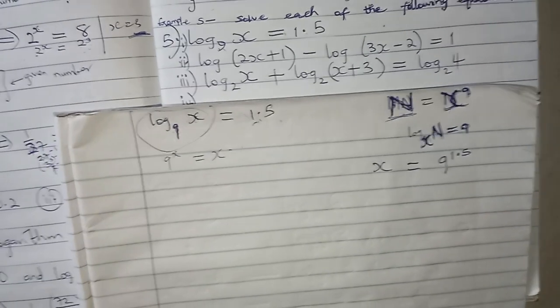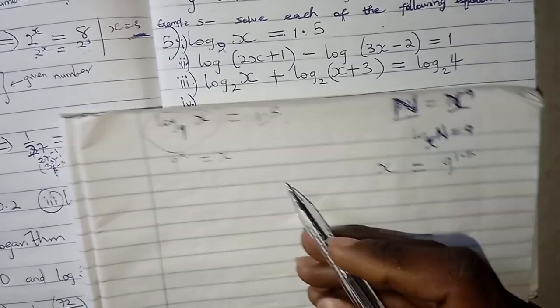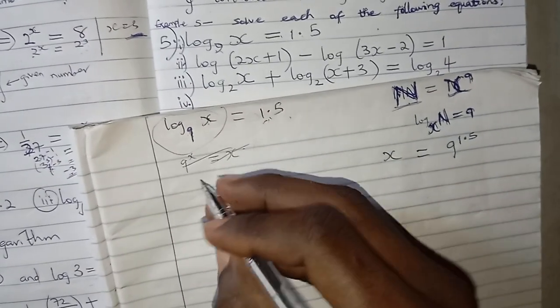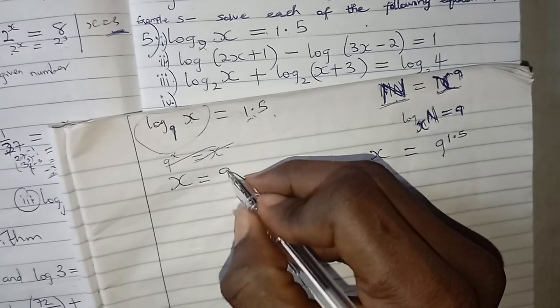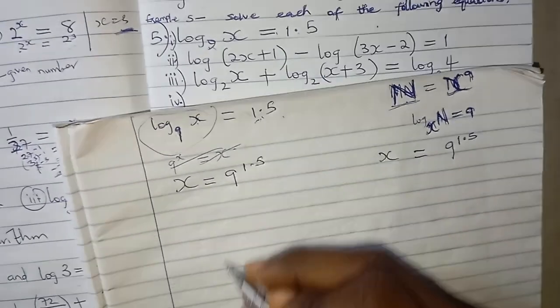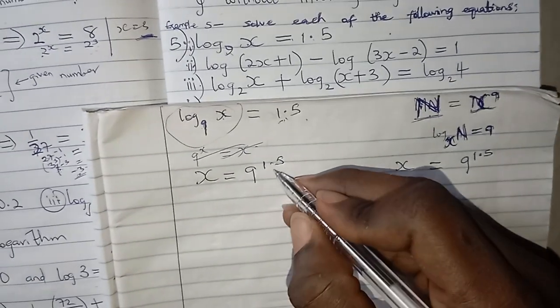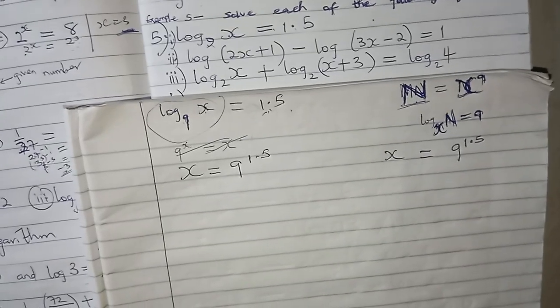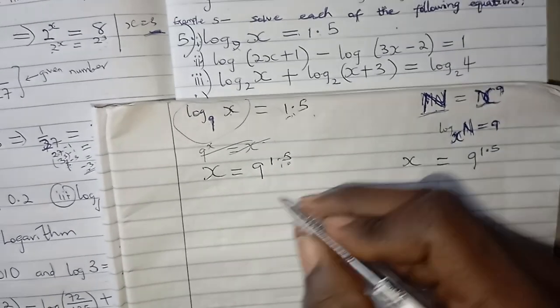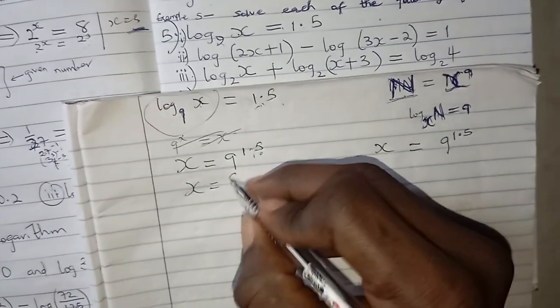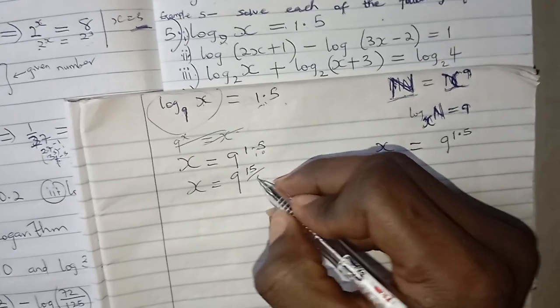So you see it. That is why I'll simply solve this by doing x is equal to 9 raised to power 1.5. And remember that we don't like making use of decimals, so we'll take it to fraction. So x is equal to 9 raised to power 15 over 10.